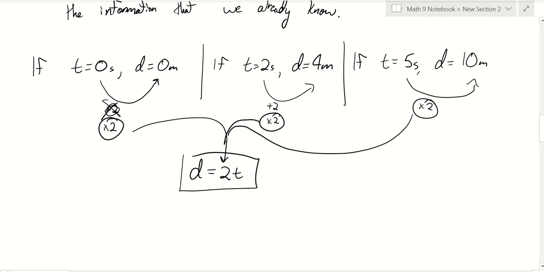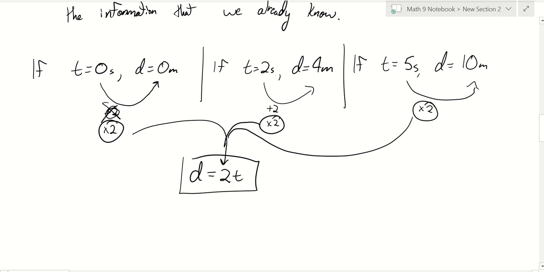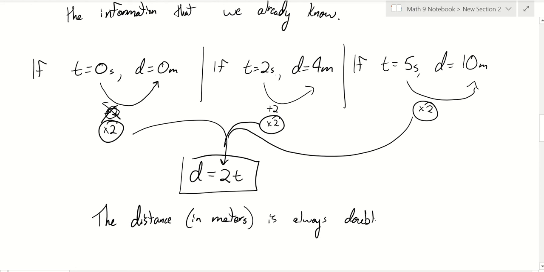Now, from this rule, we can get a lot more information. We could write this equation in words anyways. So we could say the distance is always, and let's be very specific here, the distance in meters, I'm spelling it in the American way for some reason, the distance in meters is always, if it's constant speed, double the time value, and let's be specific again, which time value?